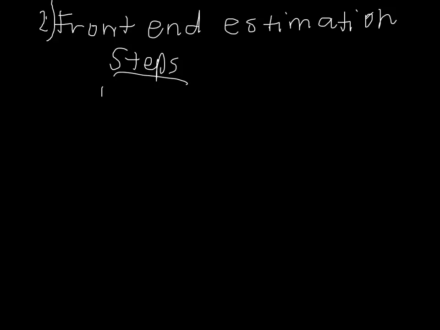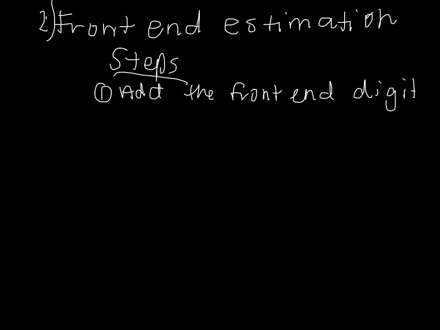Okay, so our first step that we need to do is add the front end digit. Okay, so if we add the front end digit, that just means add the whole numbers or the integers if they are negative as well.